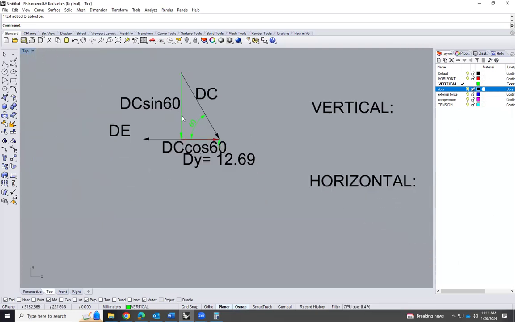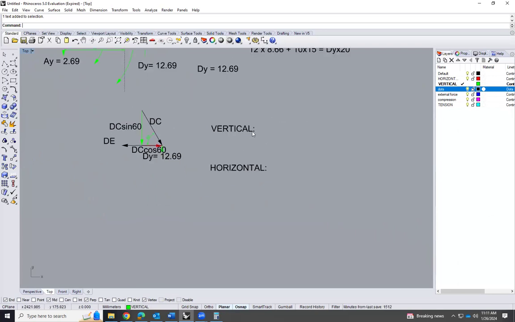Okay, so DC sine 60 is the vertical, DC cosine 60 is the horizontal. So in vertical, what goes up? 12.69 equals what goes down? DC sine 60. Horizontal, DE, it goes left, equals DC cosine 60 and that goes right.